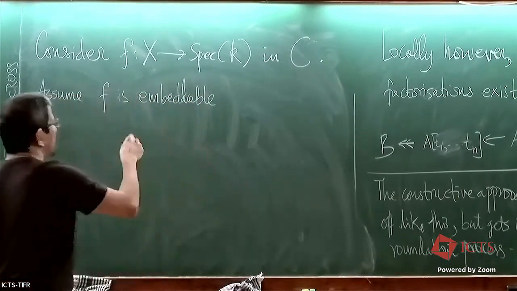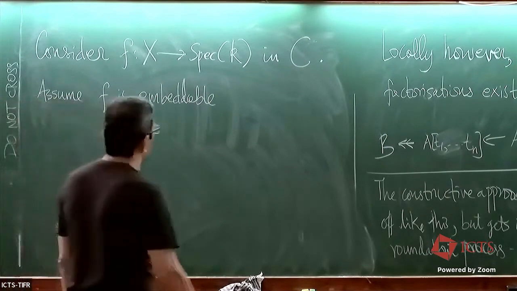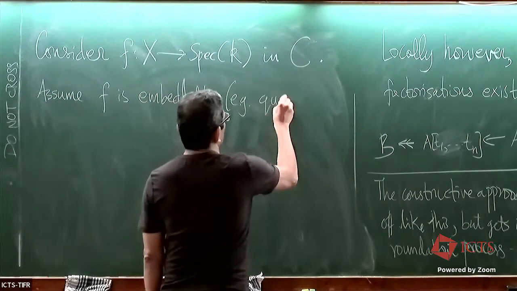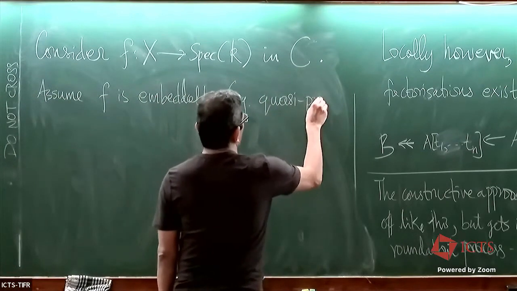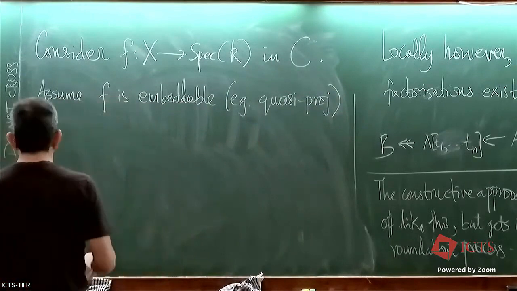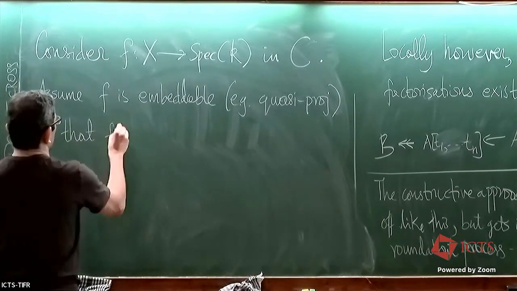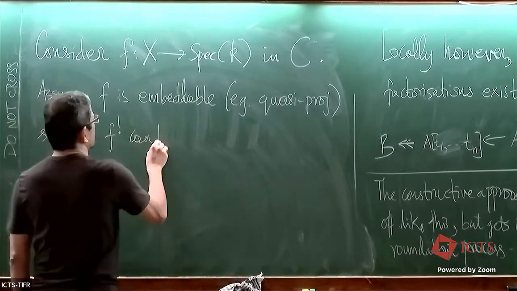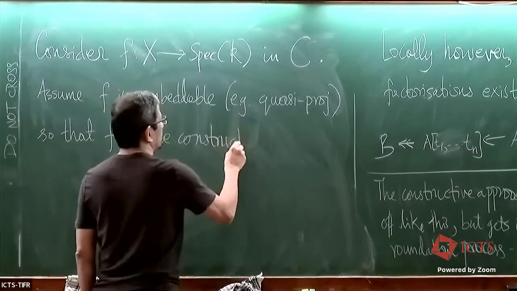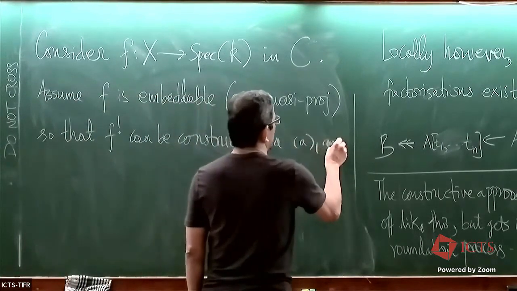Embeddable means you can write it as a closed subscheme of some smooth scheme. Example, quasi-projective. So that F upper shriek can be constructed, A1 and B1.